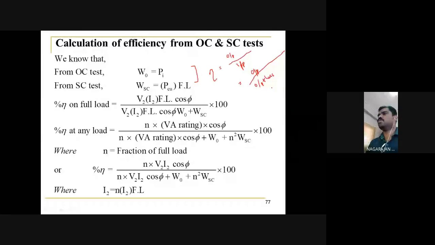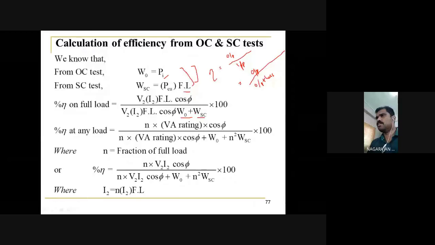From these two test experiments, we are getting iron loss and copper loss. So total losses we have found. The other two losses, which are stray and dielectric loss, are very minimal, so we can neglect those values. So I consider only W naught and WSC, that is core loss and copper loss.